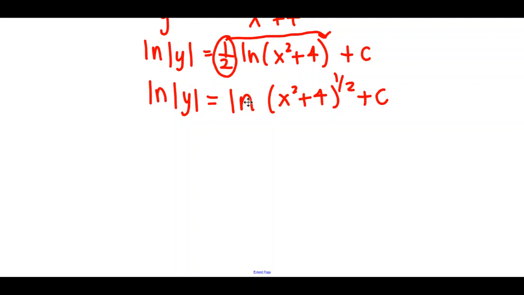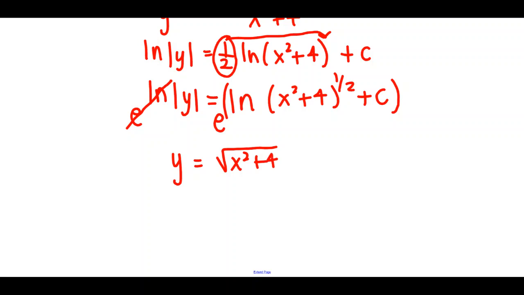Now, to get rid of natural log, we're going to use e. So be careful, because on the right side here, e is being raised to the whole thing, including that c value. So on the left side, e and natural log cancel, leaving me with y. Over here, e and natural log cancel, leaving me with square root x squared plus 4.